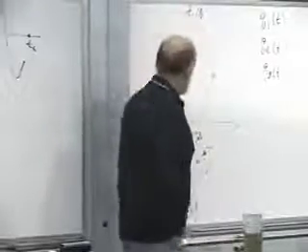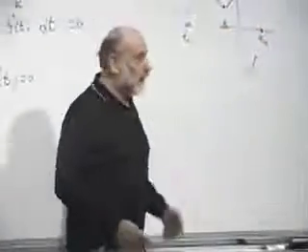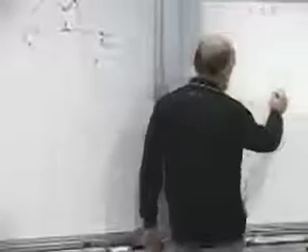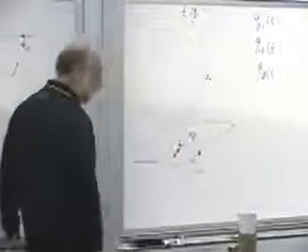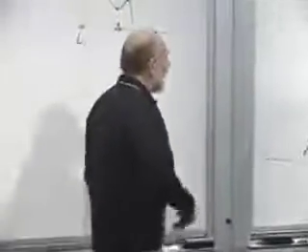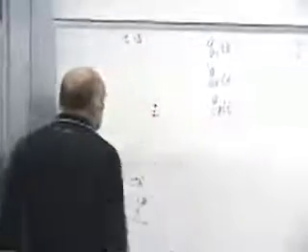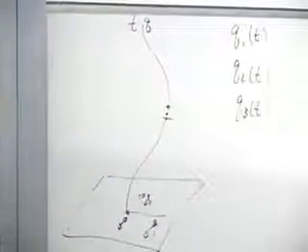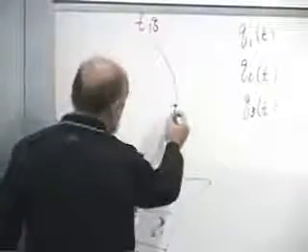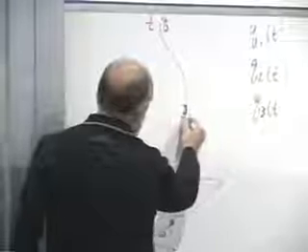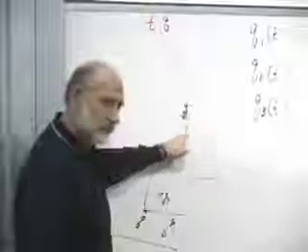Now, how do you see that a global law, like the principle of least action, is related to a local law? And it's not very hard. You just focus in on a little piece of the trajectory here, and say, all right, if I know the trajectory has gone through this point, and if I know that it's gone through that point, let's suppose I do know that it went through these 2 points, then the principle of least action tells me that it must go along a trajectory between these 2 points which minimizes the action between these 2 points.